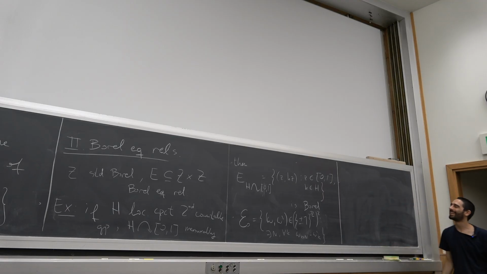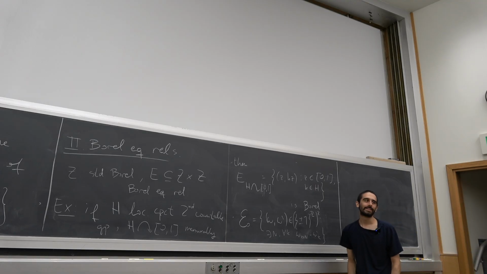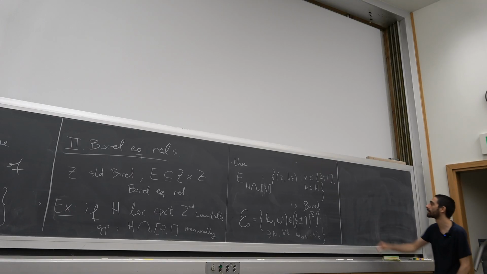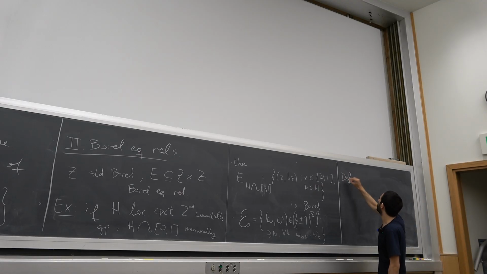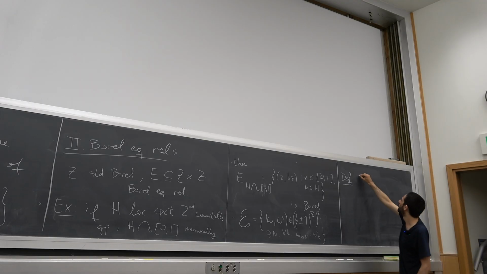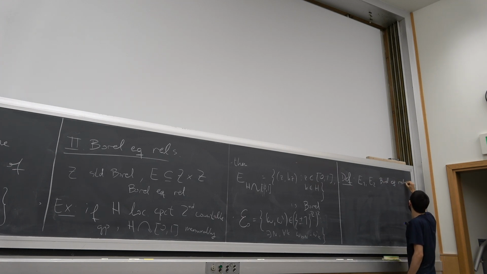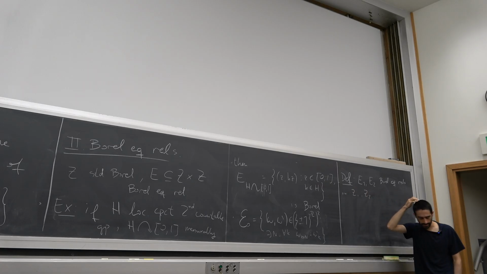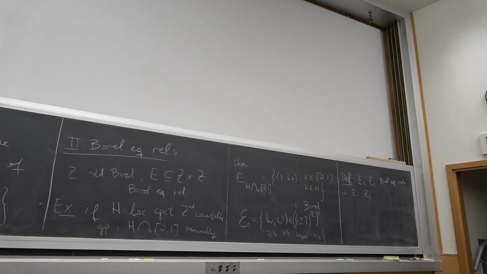You want to compare, in some sense, the complexity of these classification problems in the same sense as you compare the complexity of computational problems. That for me is the motivation for these definitions I'm going to give now. So, take E1 and E2 Borel equivalence relations on Z1 and Z2, standard Borel spaces that I'll denote by different symbols this time.